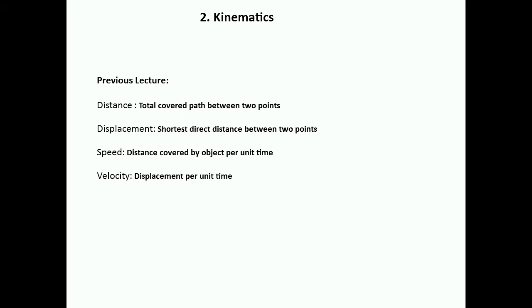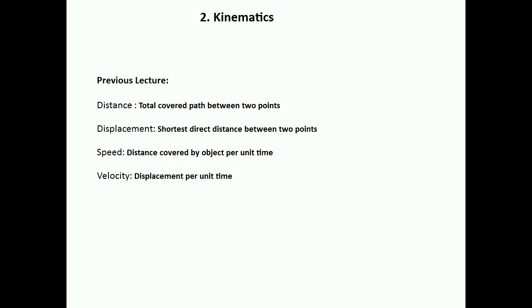Because velocity depends on displacement, it is a vector quantity. So if someone asks what is the difference between speed and velocity, velocity is a vector quantity and speed is a scalar quantity. Similarly, the difference between distance and displacement is that displacement is a vector quantity and distance is a scalar quantity.